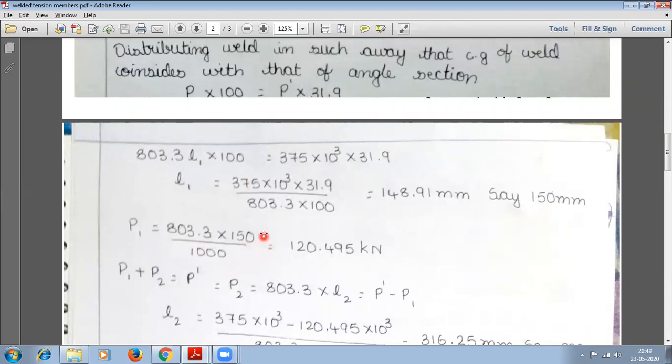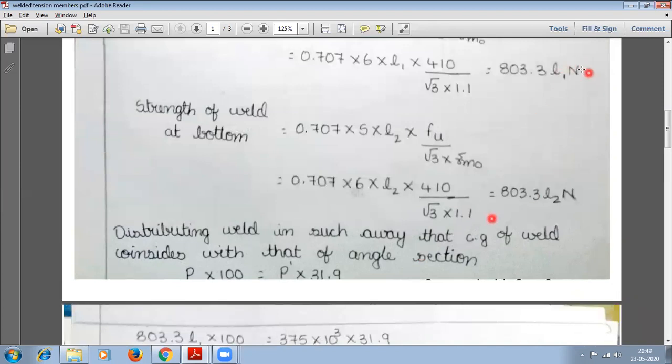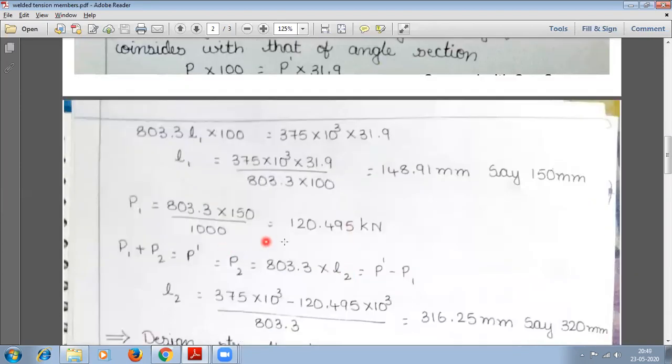Divide it by 1000 because 803.3 is in newtons, so we are converting to kilonewtons. So we got to know what P1 is now. That is the force or the strength at the weld L1, at the top. Now P1 and P2, the bottom is P2. P1 plus P2 will become the strength at the middle, P dash.